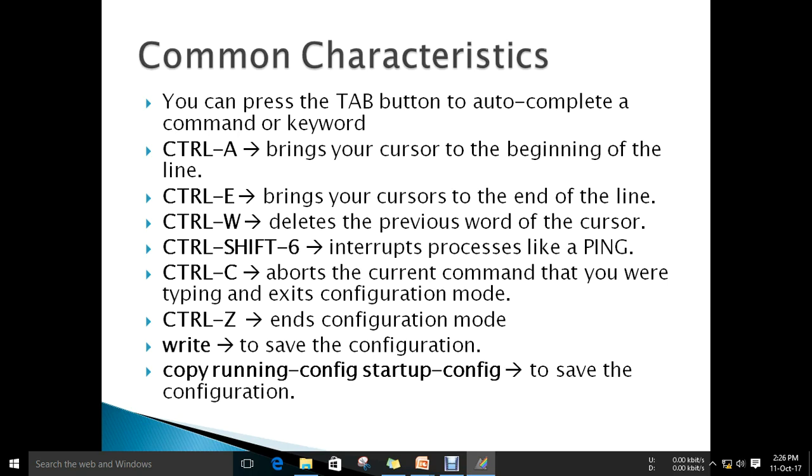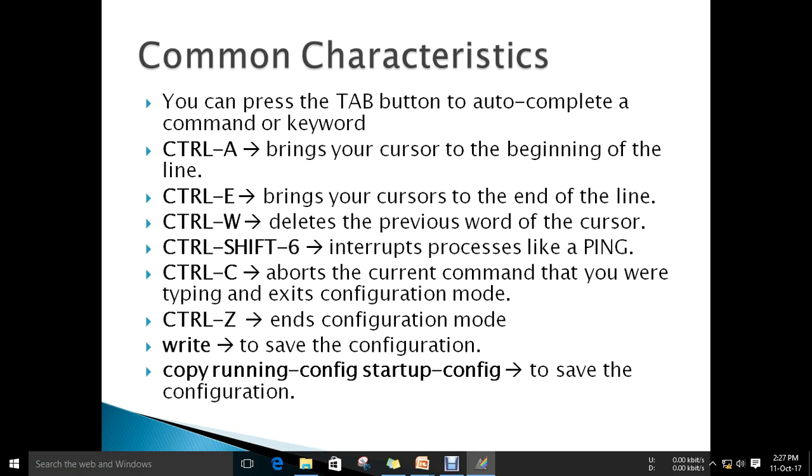Instead of moving with the left arrow, you can just use Control A, go to the beginning of the line, type do, and enter the command. And then Control E brings the cursor to the end of a line. Control A brings it to the beginning, and Control E brings it to the end of the line.